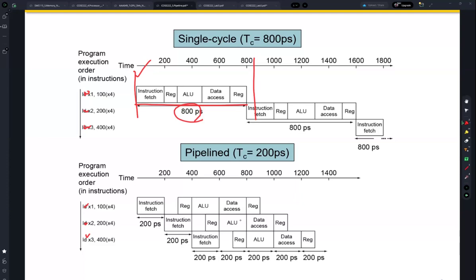But if we apply the pipelining design, you can find that each instruction can be given to the processor every 200 picosecond, like this. Okay, so we can increase the performance.